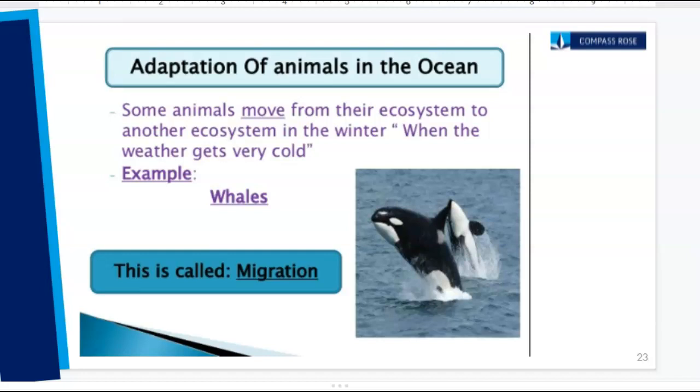Ducks, geese, some butterflies, and it's showing how they're able to move from a place that is getting very cold to a place that is warmer. So you will see an excess of dolphins and different kinds of fish and whales, etc., in our oceans that are closer to the equator, like the Gulf of Mexico and off of California, because they do migrate that way once it starts getting cold.